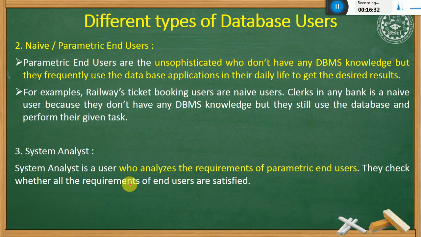The next user is the novice user, or parametric end user. A novice user is an unsophisticated user who does not have any detailed knowledge about DBMS. It does not have technical knowledge about DBMS, but it can use the application frequently.